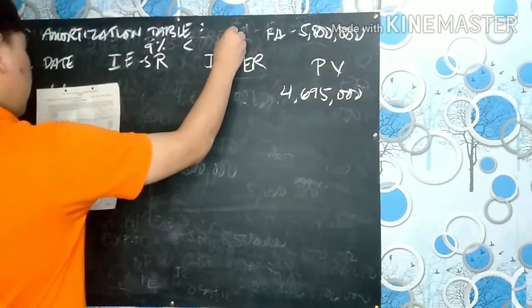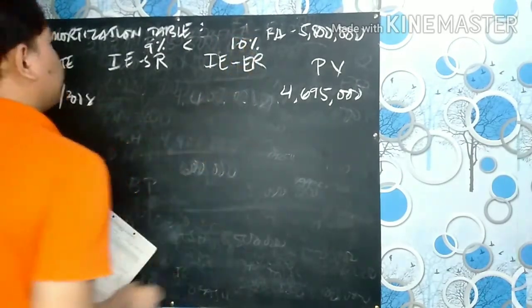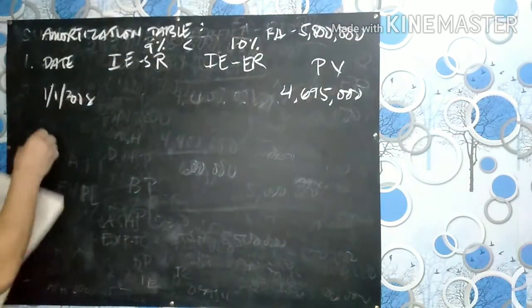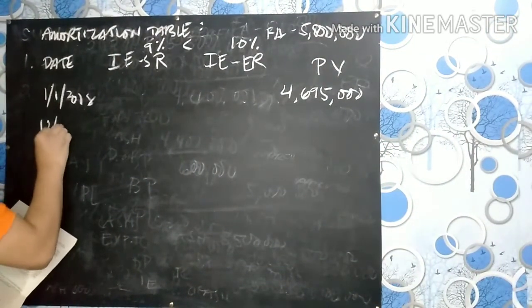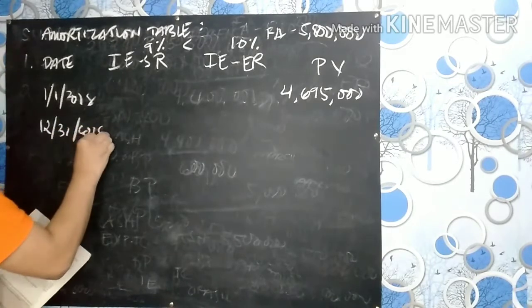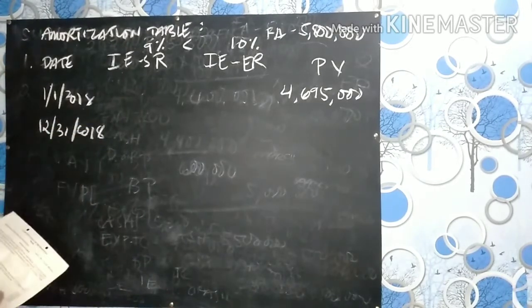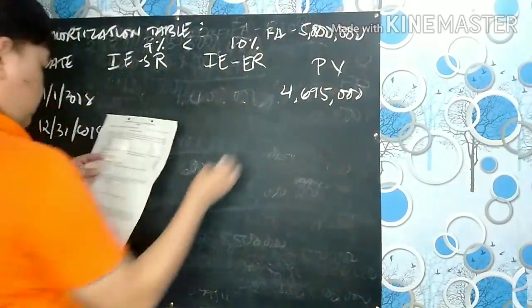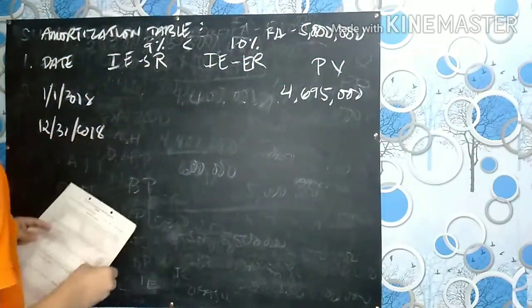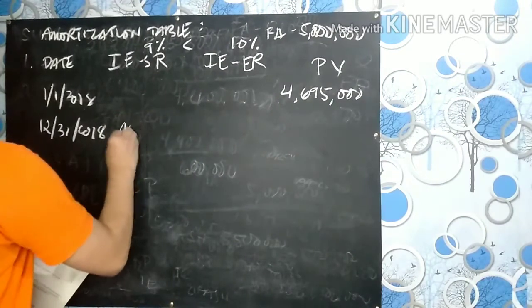Kaya ang effective rate natin dito is 10%. Ang tinatanong is interest expense nung December 31, 2018. So, 5 million multiplied by 9%, magkano? 450,000.